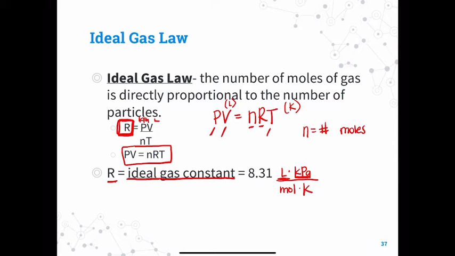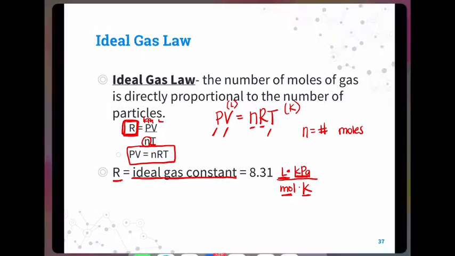So we see liters kPa, that dot means they're multiplying by each other. The n we said is moles, and so that's what we have here. And the T is the temperature in Kelvin. And so the ideal gas constant incorporates the units of all of those parts. And you can't simplify it. You have to write it out that way. That is the correct units for the R value, okay?